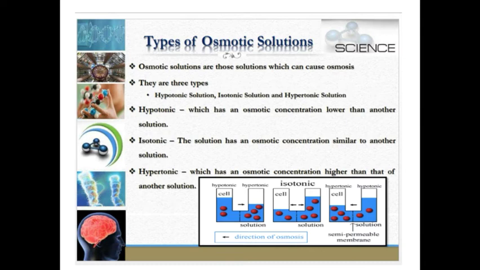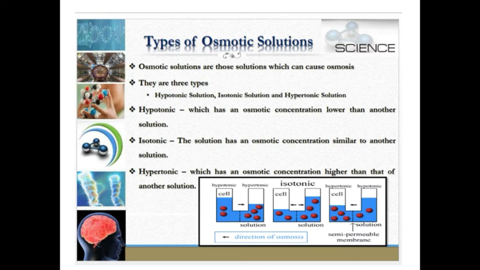Okay. So we move to the osmotic solution now. What is a hypotonic solution? If we put an animal cell or a plant cell in a solution, that solution may be a sugar solution or a salt solution.